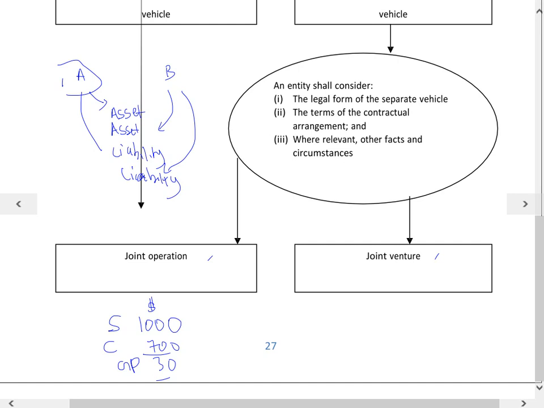Because I share 60%, in my SPL, A, my sales, I will only take 600 as my income. I will take 60% of 700 as my cost. We call this line by line. I recognize it line by line.